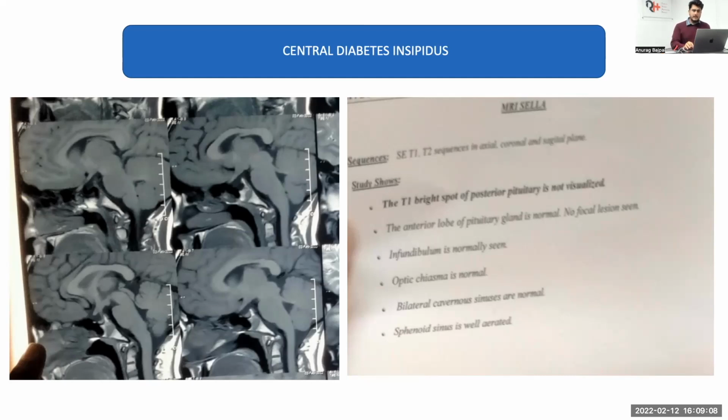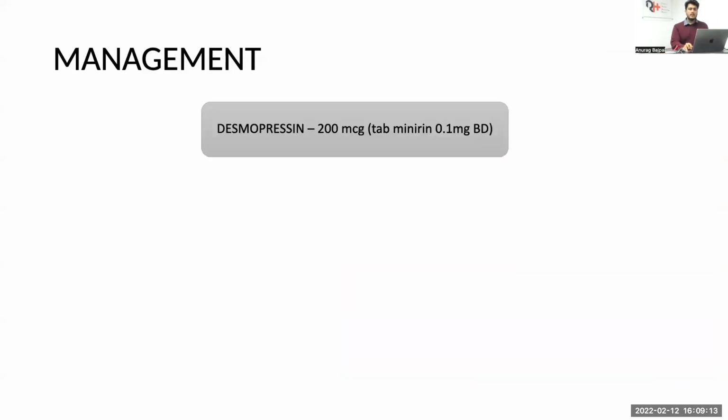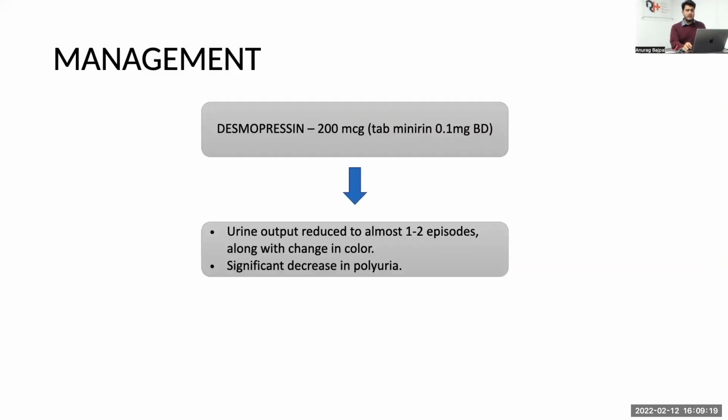So as there was a response to vasopressin in this patient, we started desmopressin 200 microgram tablet, 0.1 BD, and on initiation there was a drastic change with regards to the urine output, the urine color, and also a significant decrease in polyuria. There was a point that he was not passing urine, it decreased to almost 1 episode per day.